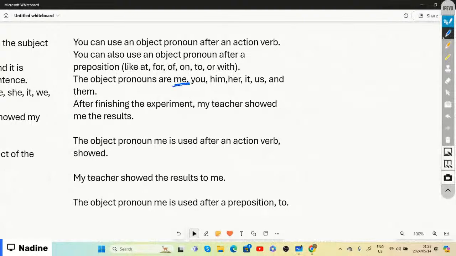We already made mention of that, where we said that the teacher showed the results to me, right? The word to is a preposition, and me is the object pronoun. So the object pronoun me comes after the preposition. The object pronouns are words like me, you, him, her, it, us, and them.